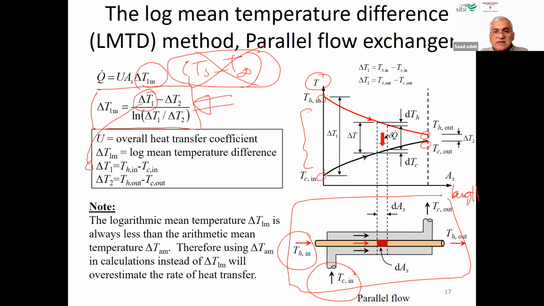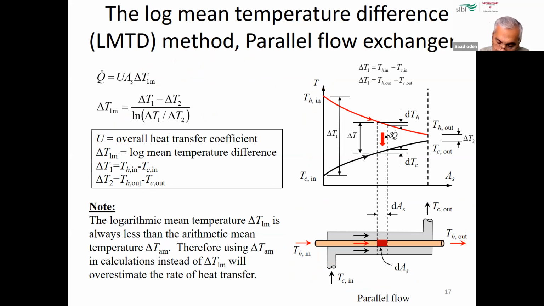And delta T out, or delta T2, is the difference between the out temperatures, so T hot out minus T cold out. Quite simple, very straightforward. So this is delta T1, the difference between these two, and here delta T2, the difference between these two temperatures, T hot out minus T cold out. All right, so this is for parallel flow.